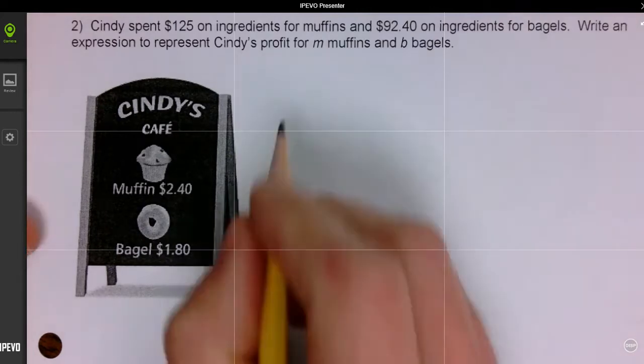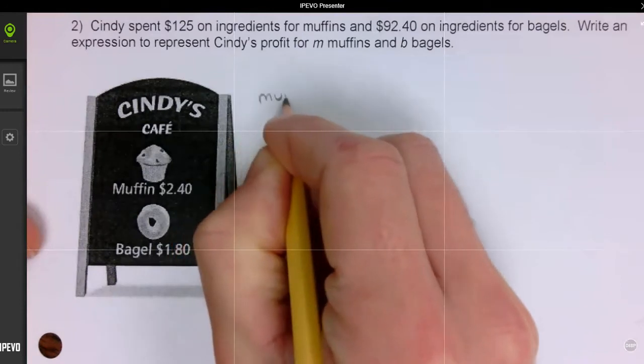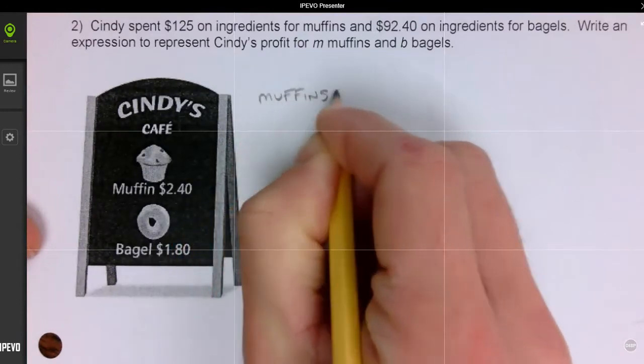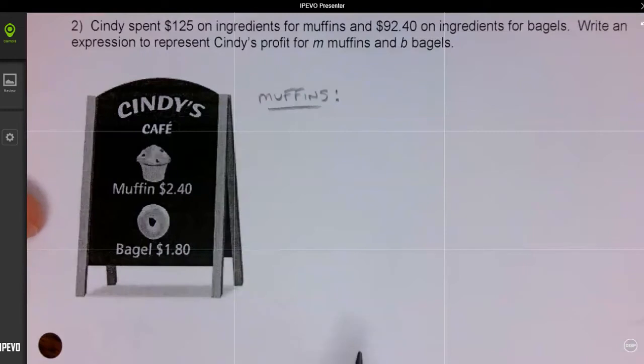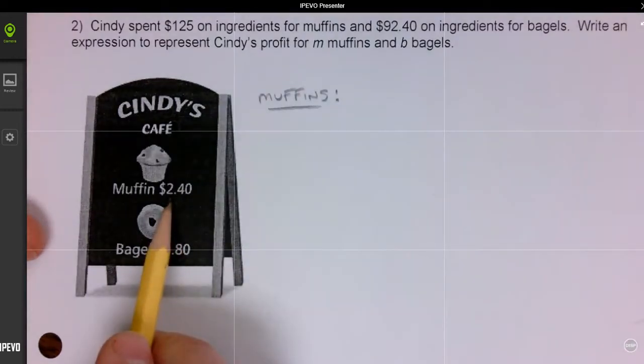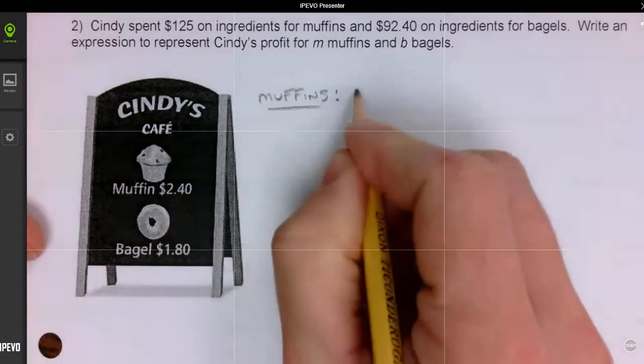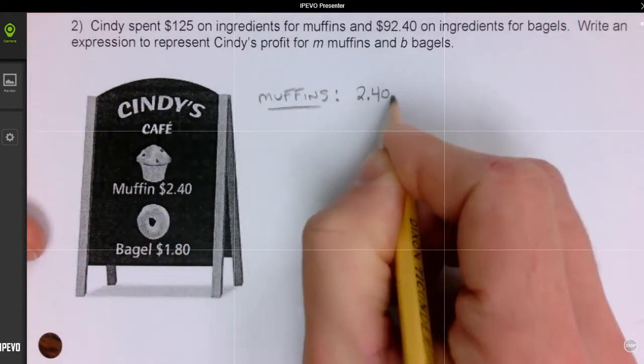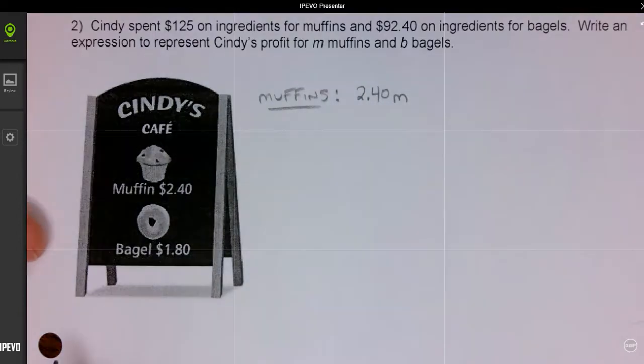So let's start with the muffins. For her muffins, we can see that she earns $2.40 for every muffin that she sells. So we're going to take the price per muffin, $2.40, and multiply it by M, the number of muffins.